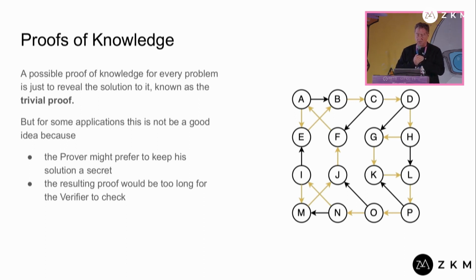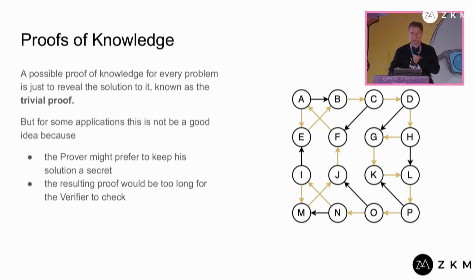But for some applications, this is not a good idea, because there are two contexts. The prover might prefer to keep the solution a secret. If we have a larger example, the prover might prefer to not reveal exactly what the secret is. And another context is that the resulting proof may be too long for the verifier to check.